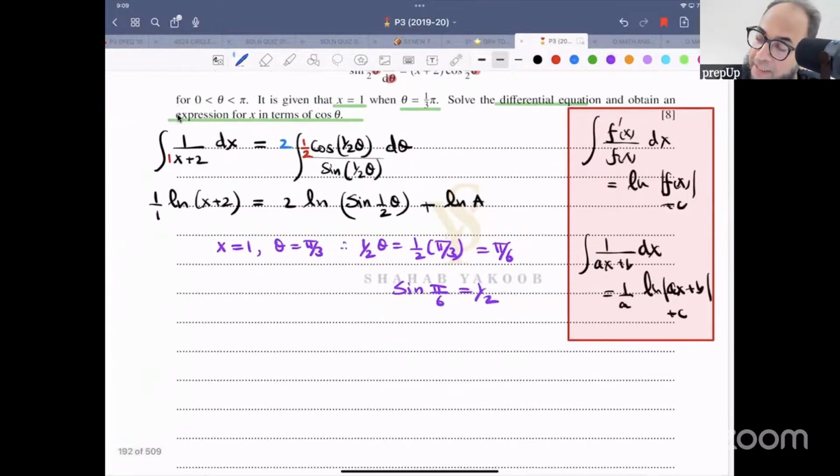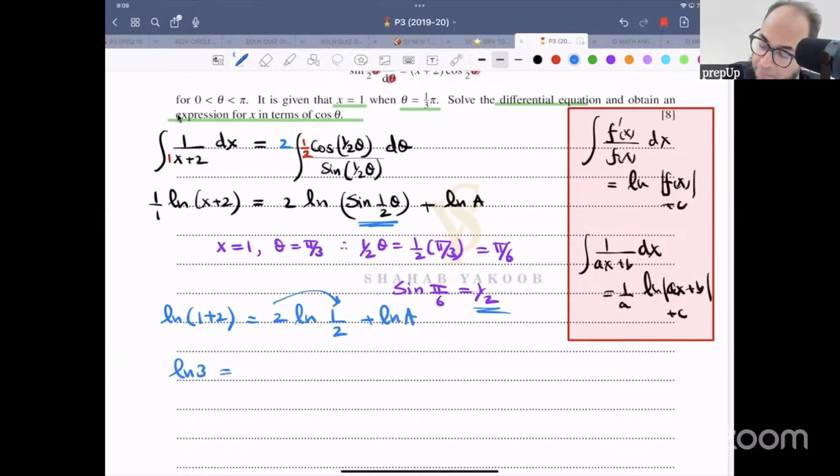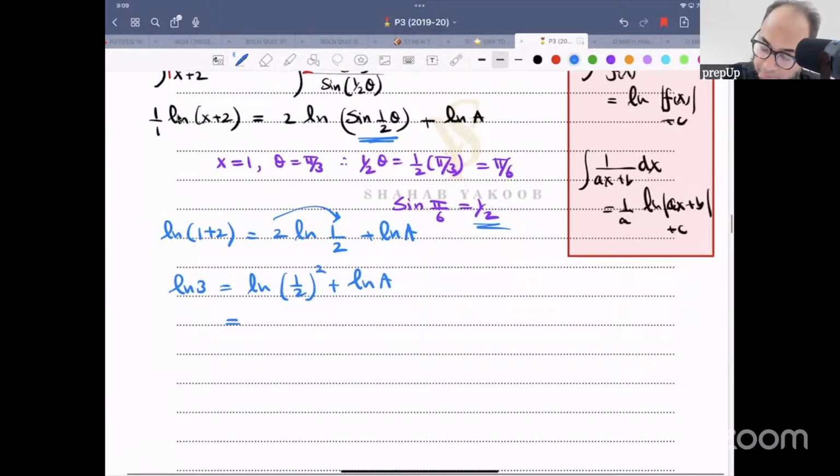So now apply the condition. This is ln 1 plus 2, which is 3. This is 2 ln sine of half theta, which is half. So 2 ln half plus ln of a. ln 3. Make this the power, that is ln of half squared plus ln of a. Simplify using log: ln a into 1/4.